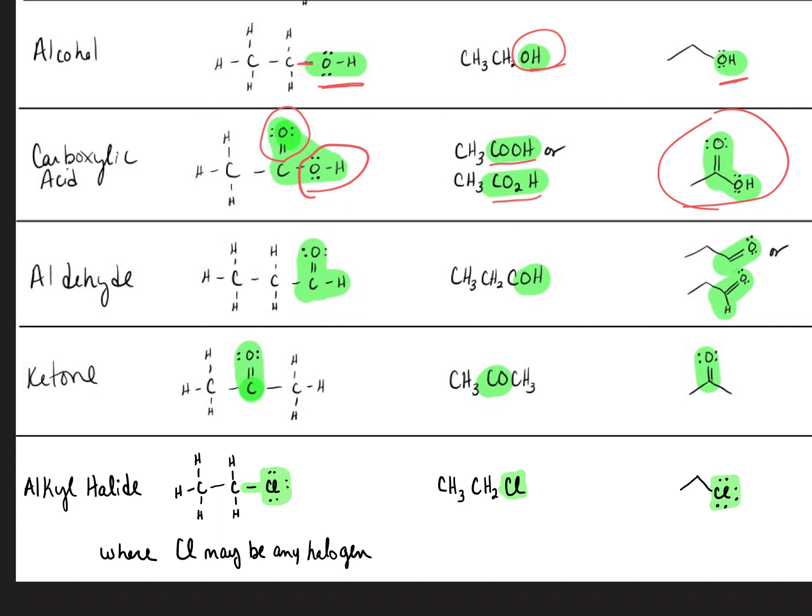And here's how we would represent that. Next, we have aldehydes. So aldehydes are very similar to something called ketones, but aldehydes are all at the end. Get it? All at the end. So the aldehydes have a C double bond O with an H, and we would just say that's COH.